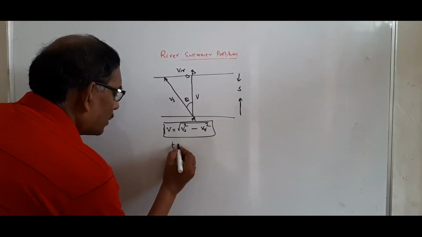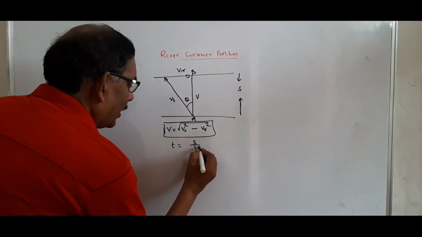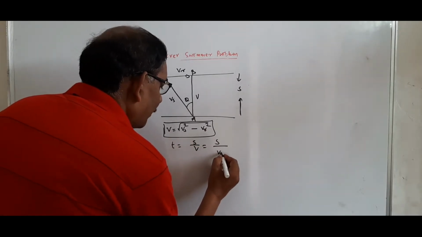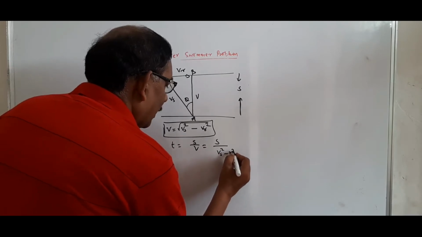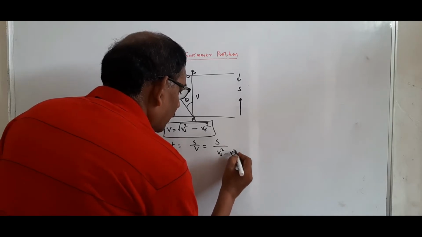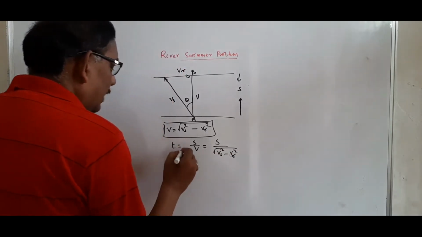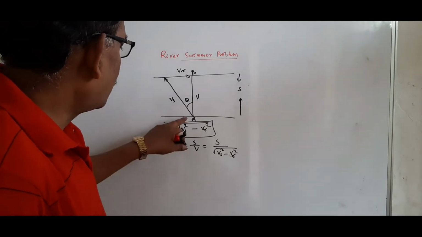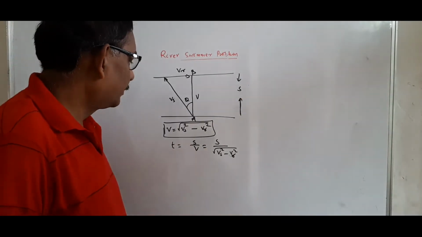So here T is equal to S by V. In place of V write S by the square root of Vs square minus Vr square. This is the time taken by the swimmer to cross the width S.